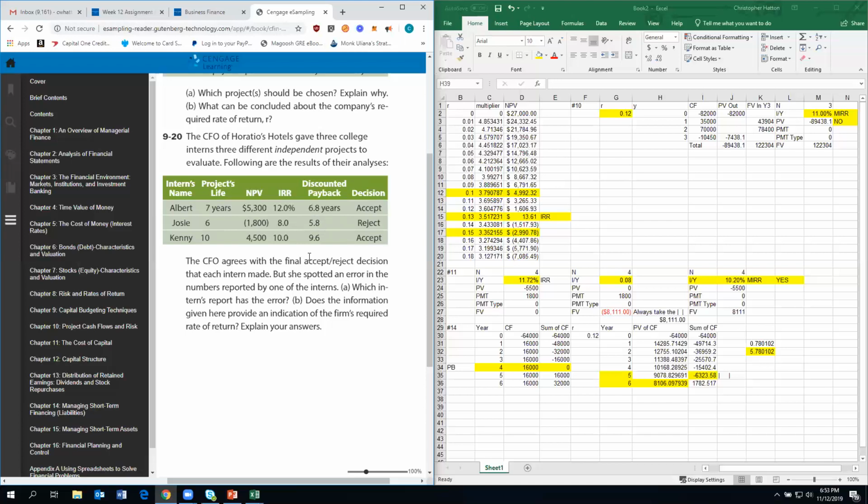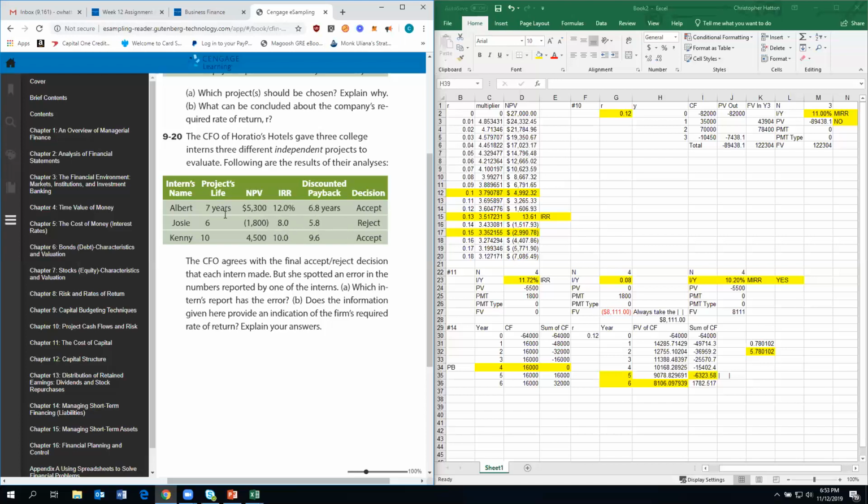Now, what can we gather about the required rate of return? What we know is that 12% was accepted for internal rate, and 10% was accepted. So we know that it's somewhere below 10%. However, 8% was rejected.